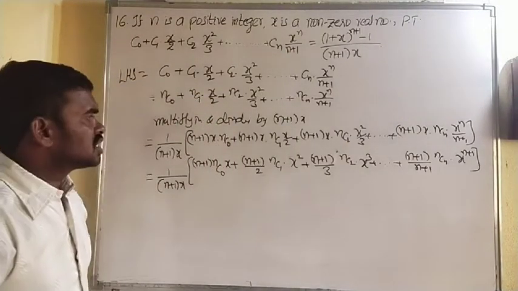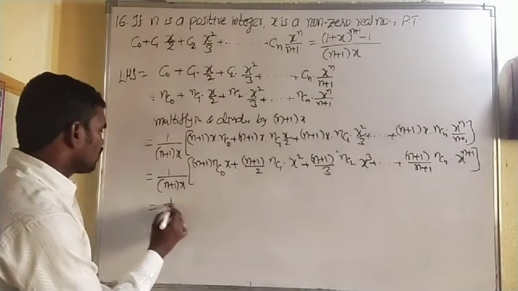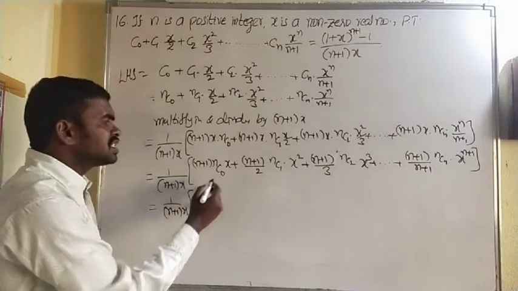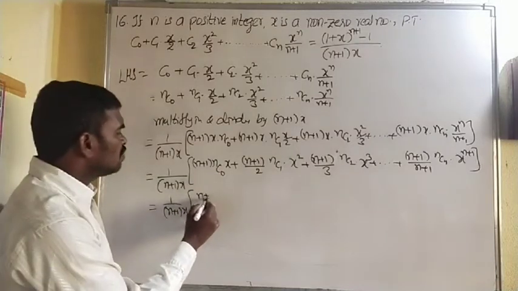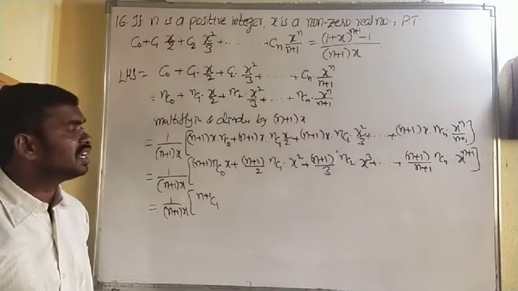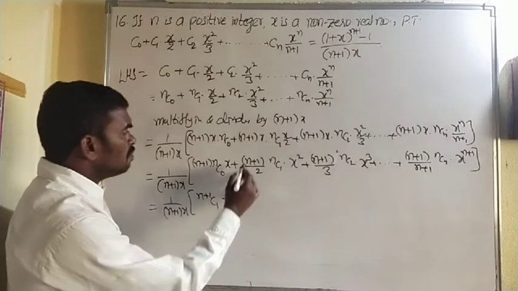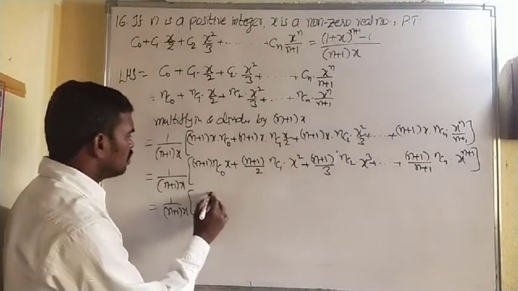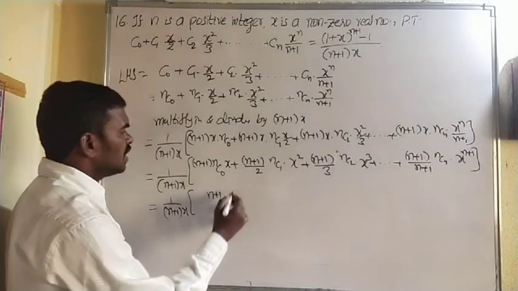See, in each and every term we have 1 by (n plus 1) into x. (n plus 1) into nC0 can be written as (n plus 1)C1, and x also we should write.